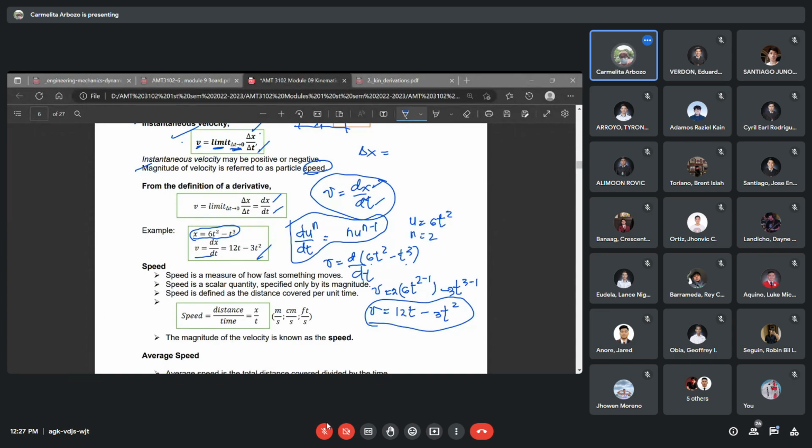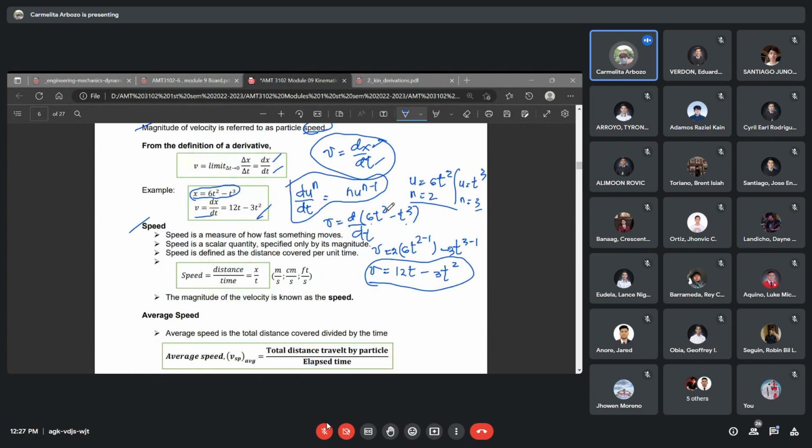Dito naman, ang u is t cubed. N mo is 3. Ganun lang. So, ito lang yung gagamitin pag derivatives. Mas madali pa nga yun kaysa dun sa nagagamit kayo ng formula.